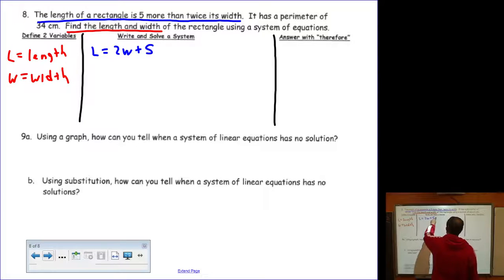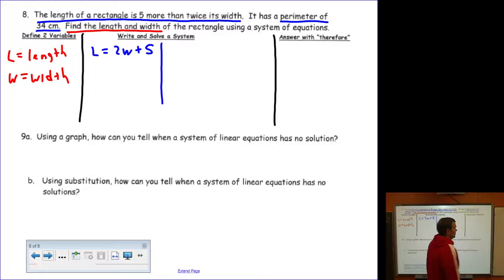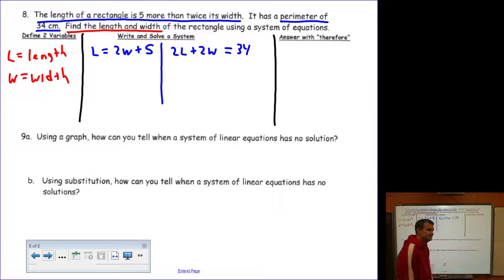And I also know that it has a perimeter of 34. Well, you find the perimeter of a rectangle by multiplying 2 times the length and 2 times the width and adding them together. Or adding 2 lengths and 2 widths together gives you the perimeter. So I know that twice the length plus twice the width is what equals the perimeter, which is 34. And there's my 2 equations.